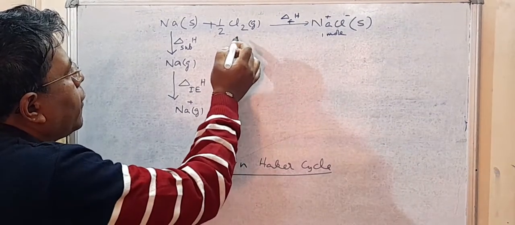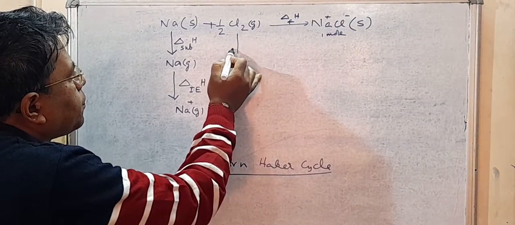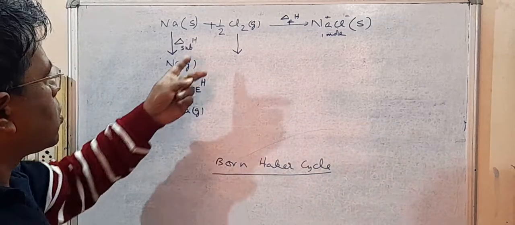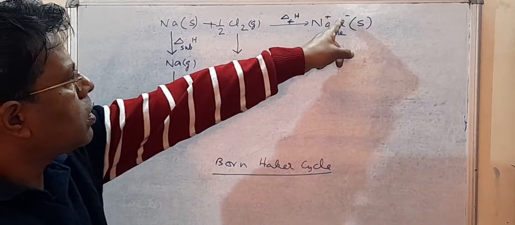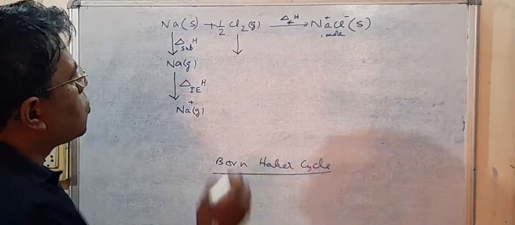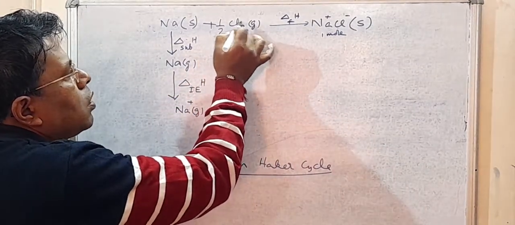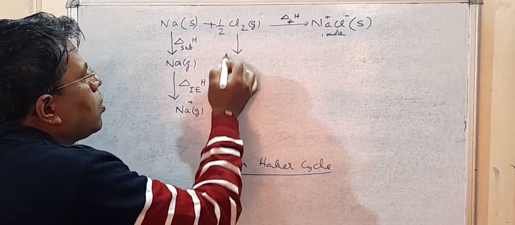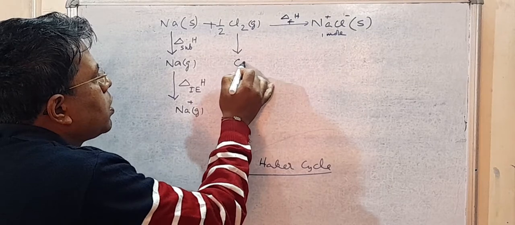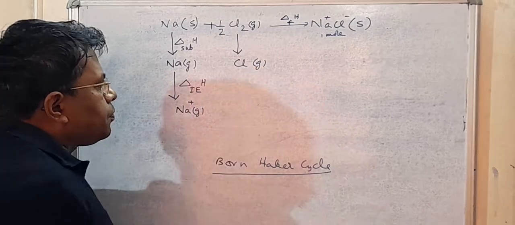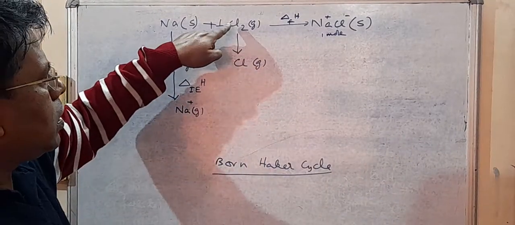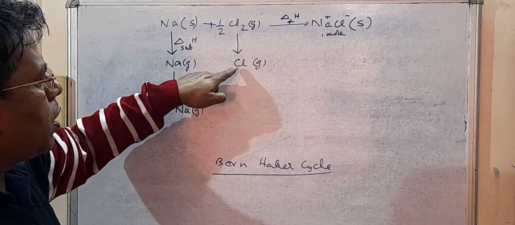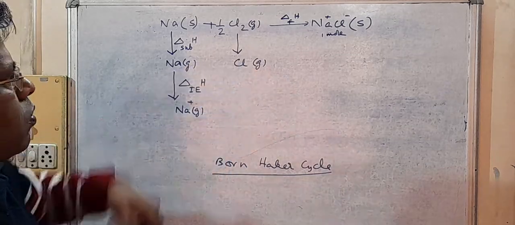Okay. Next, here we are considering this process because we need chloride ion. So first of all, the bond that is there has to be broken. After the breaking of that bond, it will become Cl gaseous. This Cl2 is in molecular form having a bond. That bond has broken. It became Cl gaseous. It is in atomic form now.